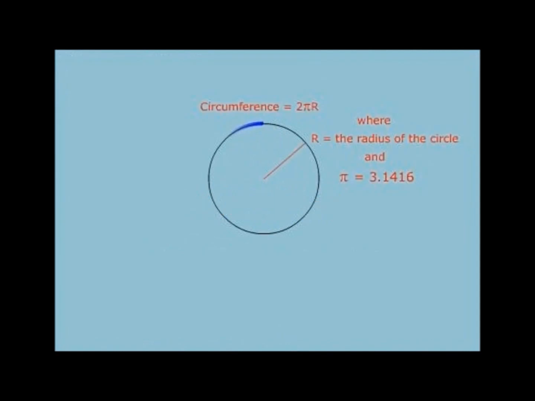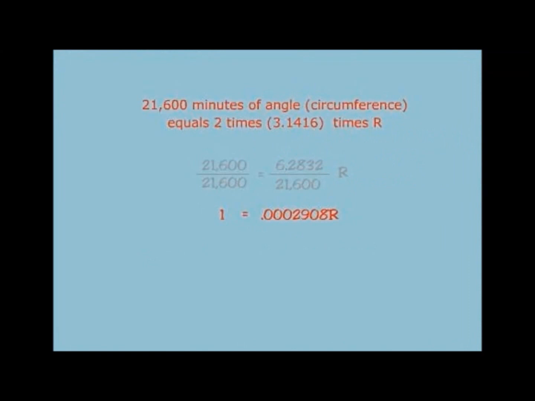The circumference of a circle equals 2 pi r, where r equals the radius of the circle and pi equals 3.1416. For any radius or range, 1 minute equals 0.0002908 r.